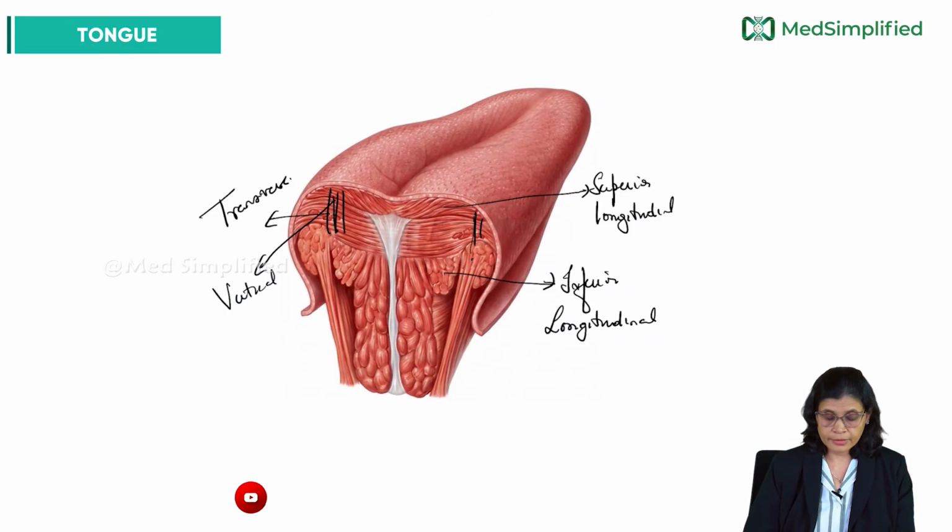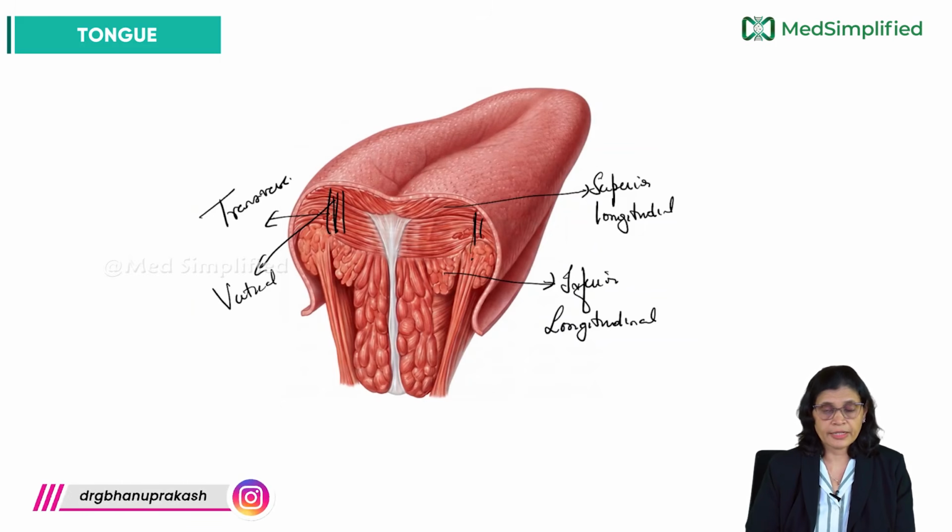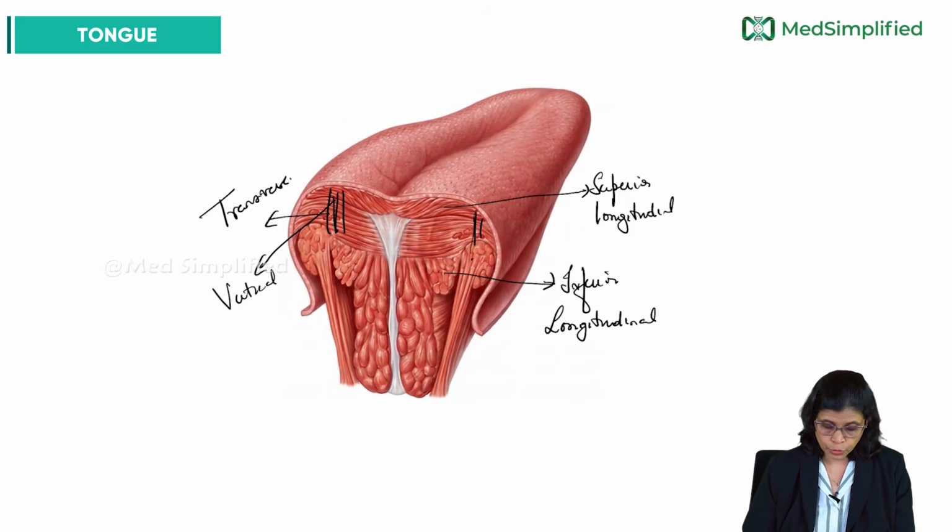So those are the 4 intrinsic muscles present within the tongue. They basically produce the different shapes of the tongue, either flattening, lengthening, or shortening the tongue. That is what the intrinsic muscles of the tongue do.